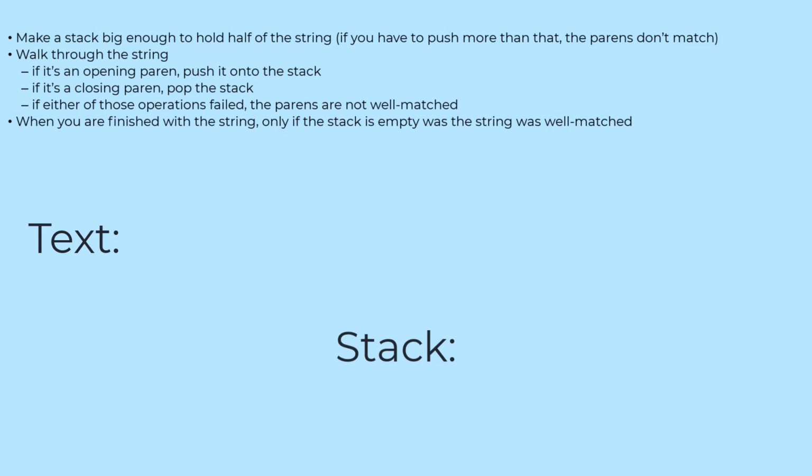That strategy works very well if we only have parentheses. To also match square brackets, we need to change it just a little. Now, when we see either a closed parentheses or a closing square bracket, we have to look at what we pop and make sure that it matches the closing character that we're processing. Everything else is the same.